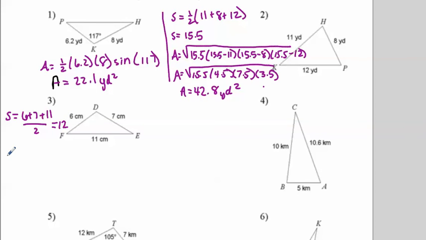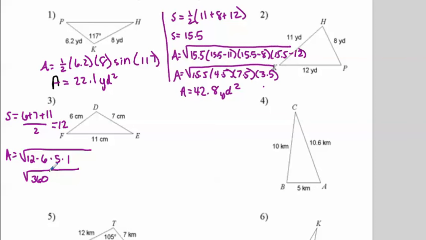And my area is going to be the square root of 12 times 12 minus 6, which is 6, 12 minus 7, which is 5, 12 minus 11, which is 1. So I have 30 times 12, which is 360, so I have the square root of 360.